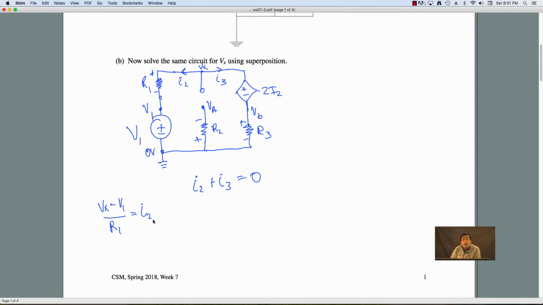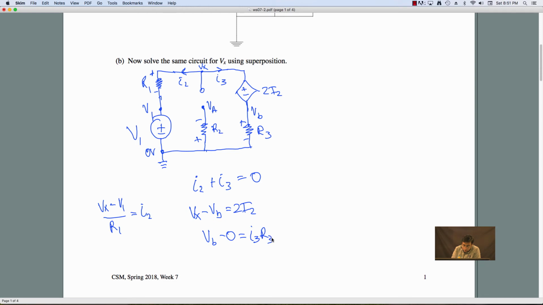And that expresses I2 in terms of known quantities, except for Vx, which is what we want to solve for. Now we can go ahead and tackle the right side of the circuit. So we see that, again, very similar to what we did earlier, using our knowledge of how voltage sources work, we can say Vx minus Vb is equal to 2I2. And then we can express Vb using Ohm's law with this resistor here.